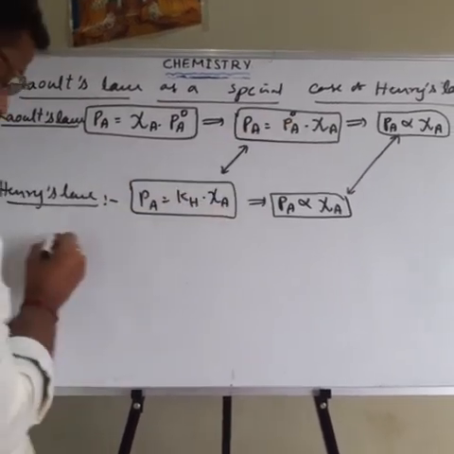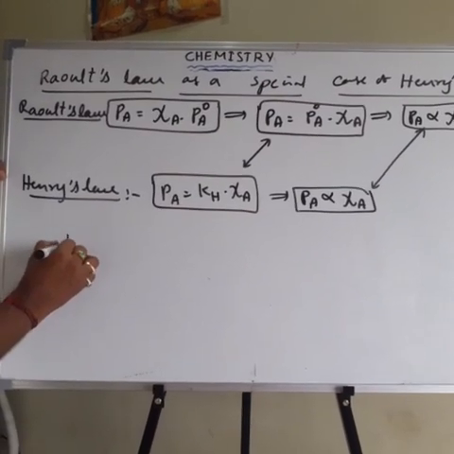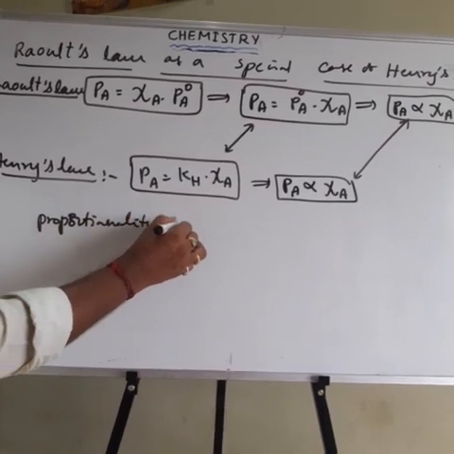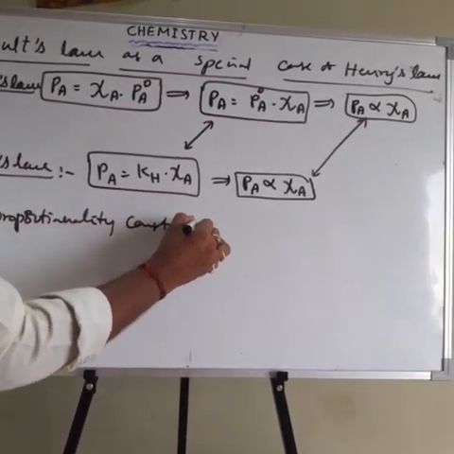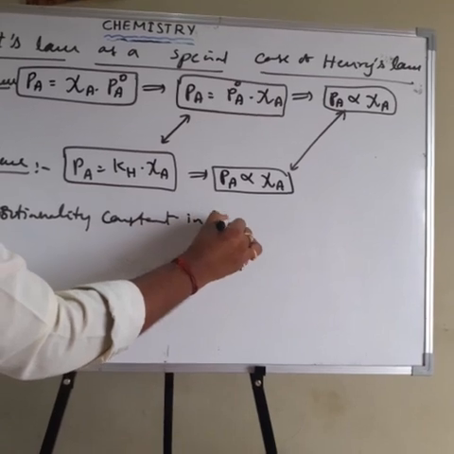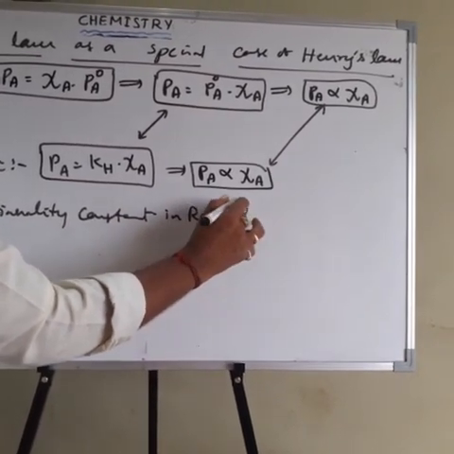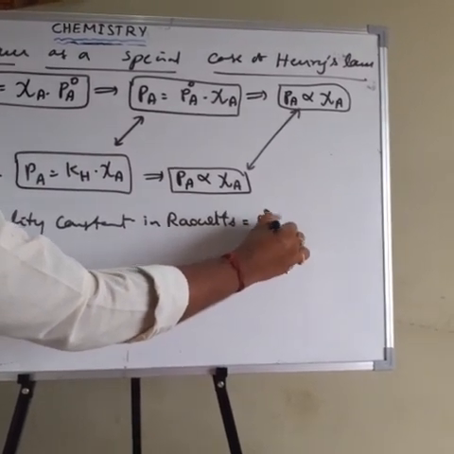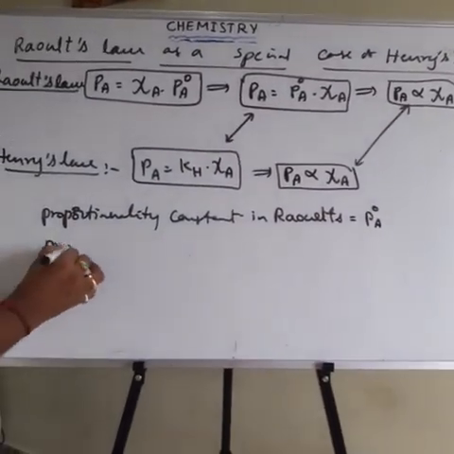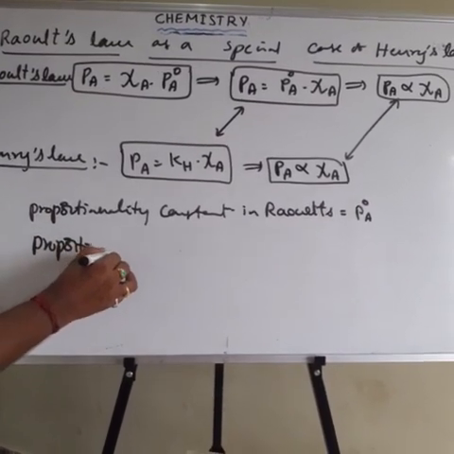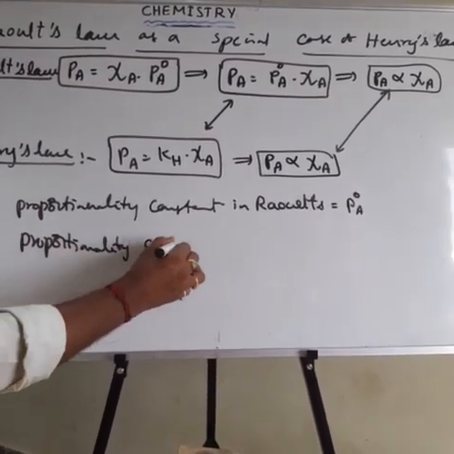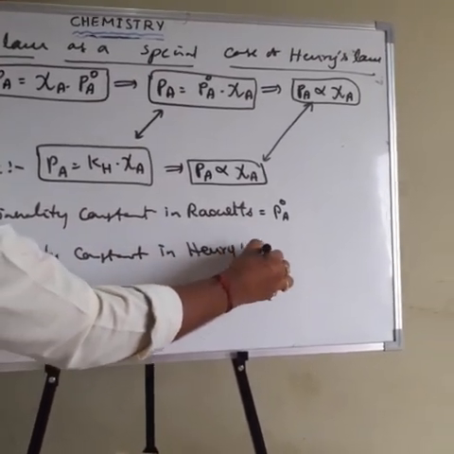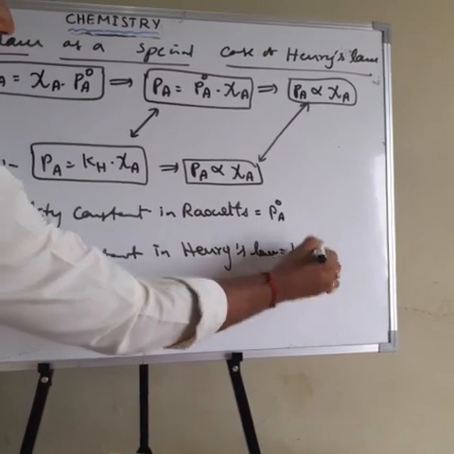In Raoult's law, the proportionality constant is P naught A. In Henry's law, the proportionality constant is KH.